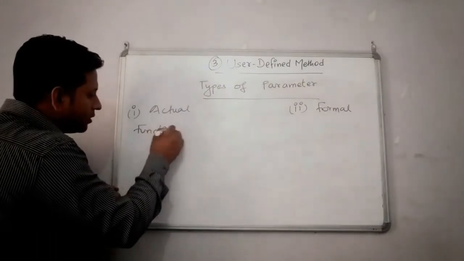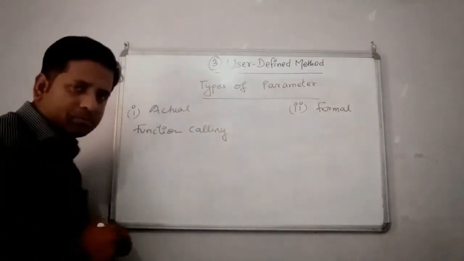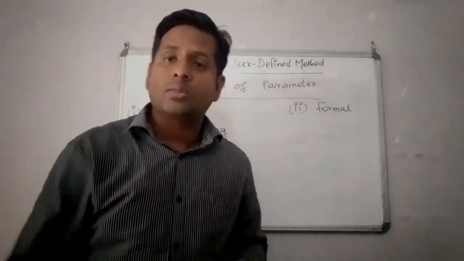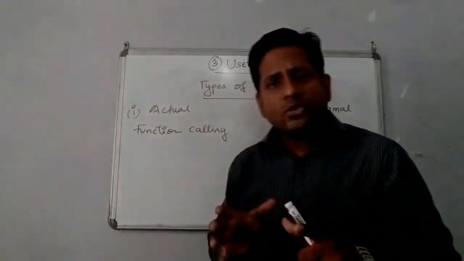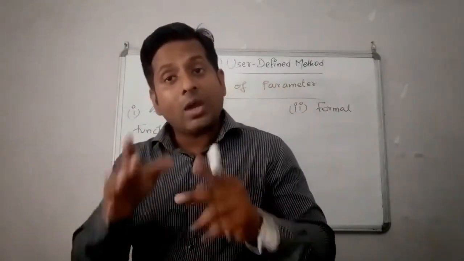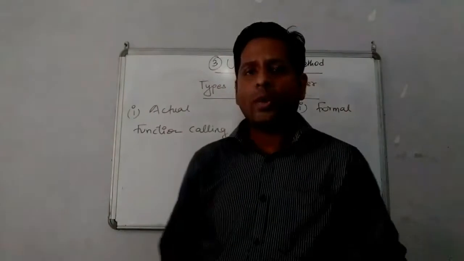That's why we can say function calling. So when we are calling the function, we pass the value, that is the actual value which we ask from the user, on which we are going to operate. This is actual parameter.